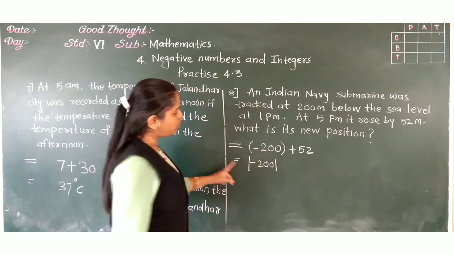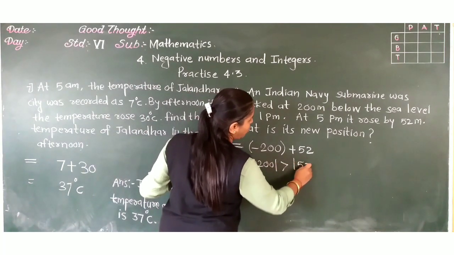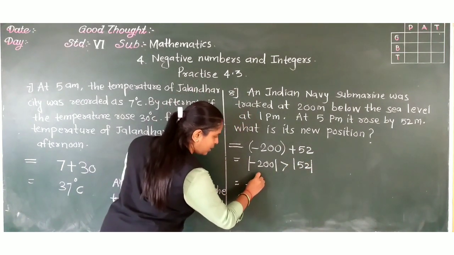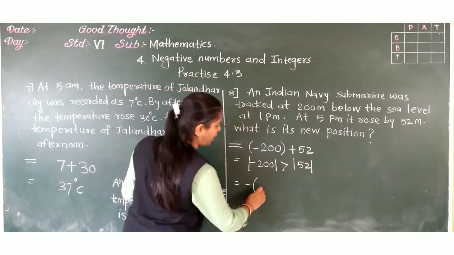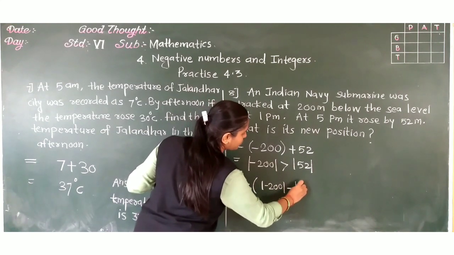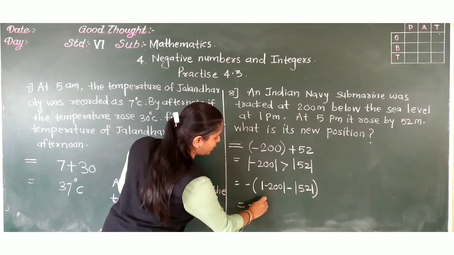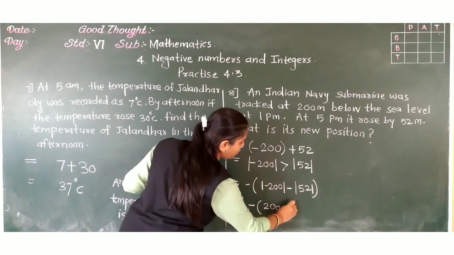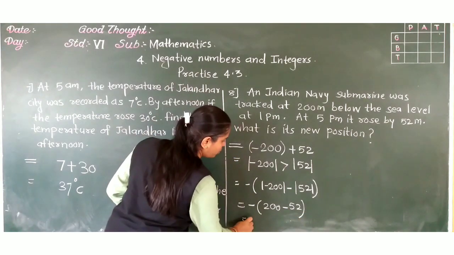So therefore our answer will be negative. Take the negative sign outside and subtract the absolute values. That is minus, 200 minus 52. So what is 200 minus 52?